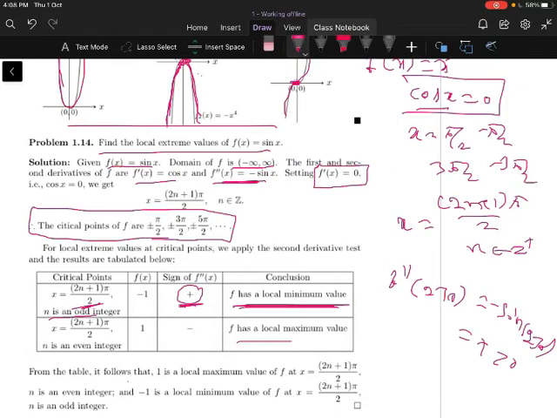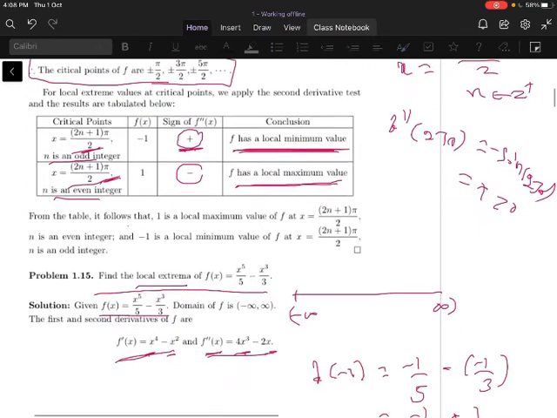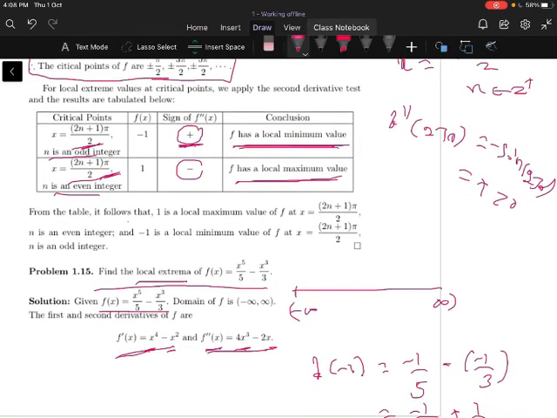But for x equal to pi by 2, minus pi by 2, the function f has a local maximum. For x equal to (2n plus 1) pi by 2, when n is an even integer, f double dash at these points is negative, therefore the function f has a local maximum value.